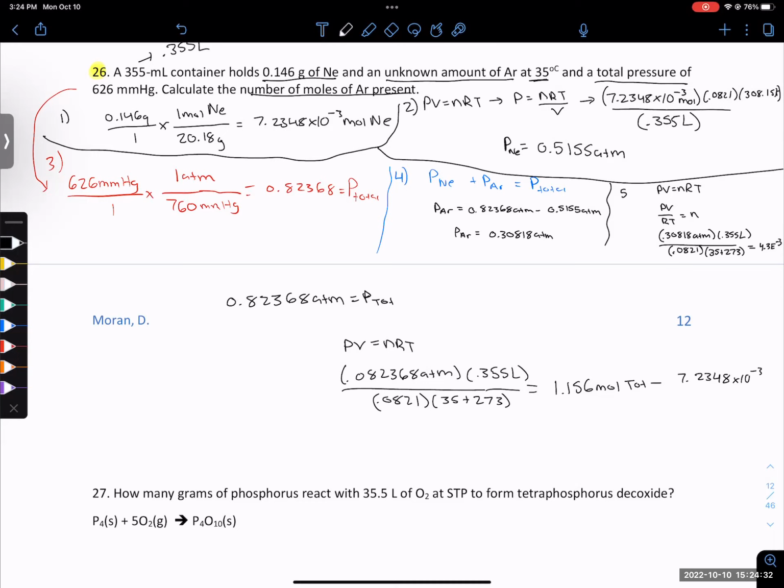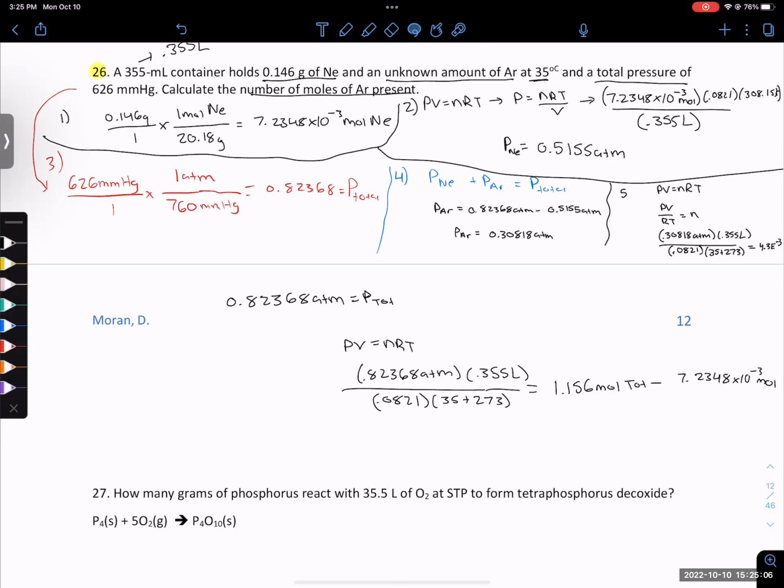Okay. And then that should get you what? 7.23 times 10 to the minus. I got a negative number. I did something wrong. I might have put it in the calculator wrong. Oh wait, I know why. There was an extra 0 right here.